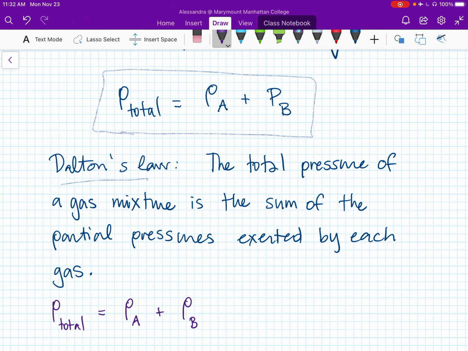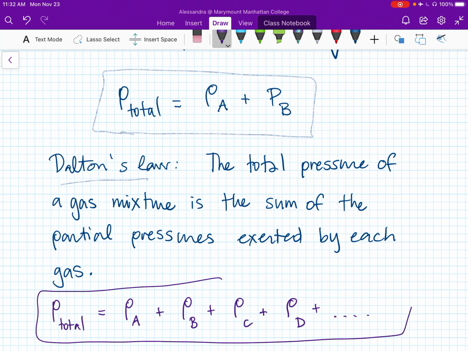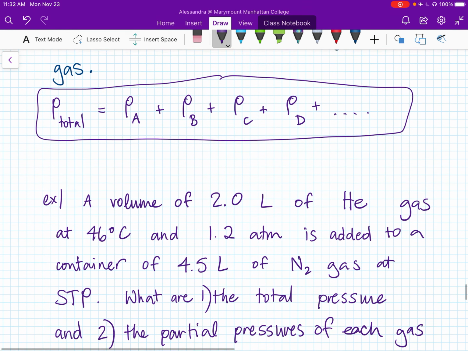The pressure of gas A, plus the pressure of gas B, plus the pressure of gas D, etc. So each individual gas in the mixture is going to exert its own pressure. And if I add all of those pressures up, I get the total pressure of the gas mixture. It's very simple. That's all that Dalton's law tells us. So let's do some examples.